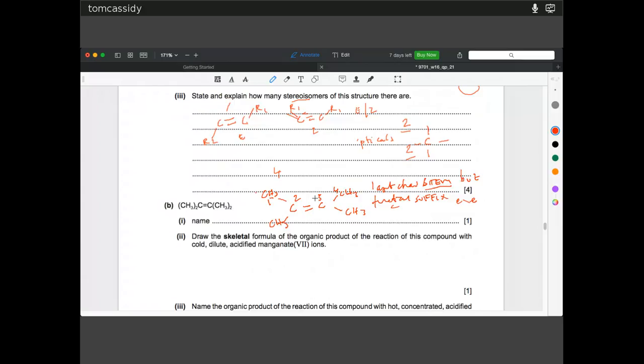And so you're going to end up with a name there where you're going to have 2, and you separate numbers by a comma, and you separate numbers from letters with a dash, and you've got a methyl group on number 2, haven't you, there? And another methyl group on number 3 there.